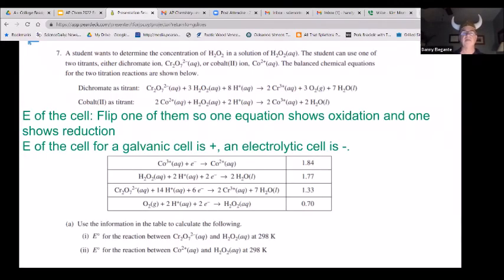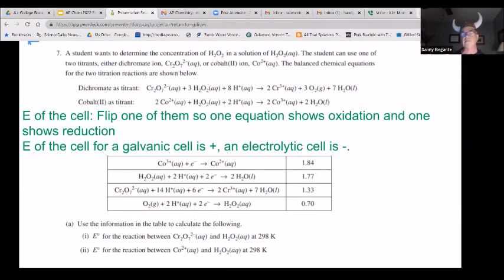Well, this goes back to what I was saying before. A galvanic cell is like a battery. So a galvanic cell is something that happens, just like your cell phone working. It's just something that happens kind of on its own, thermodynamically favorable.